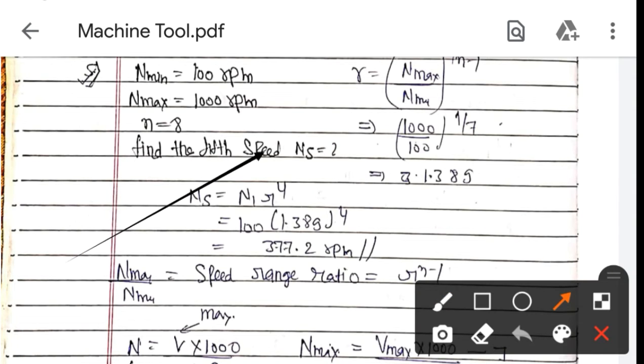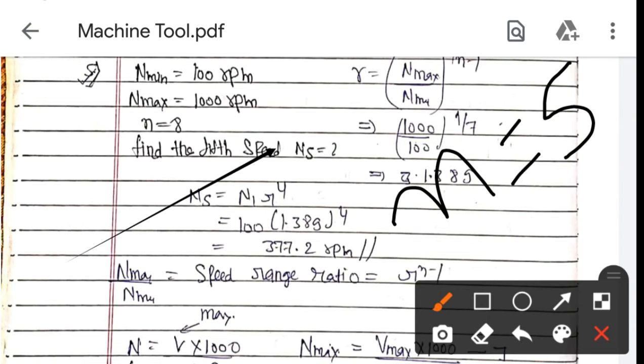Now we have to find the fifth speed. N min is given, N max is given, and we have to find the fifth speed. We'll assume N5 is the max and N1 is the minimum. So N max equals N min into r to the power n minus 1. When N5 is the maximum, n becomes 5, so n minus 1 will be 4.